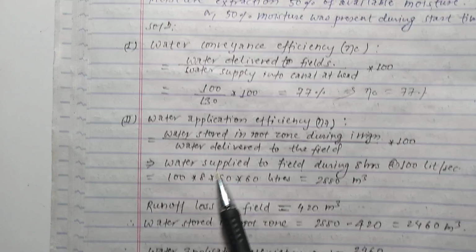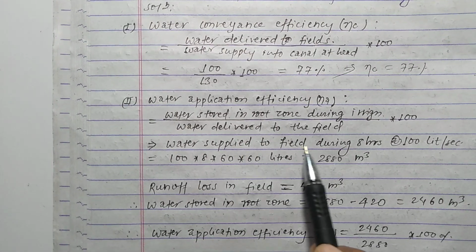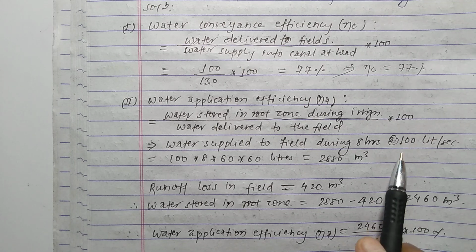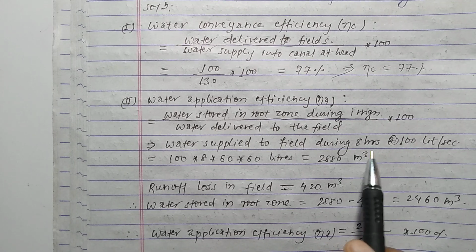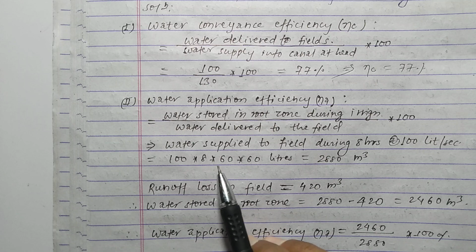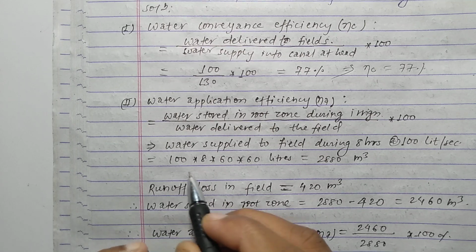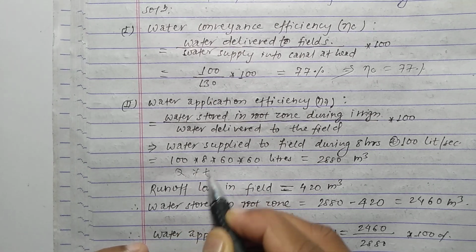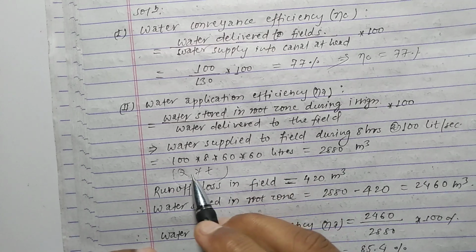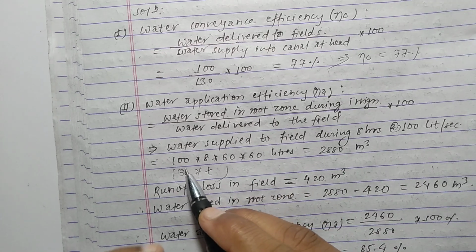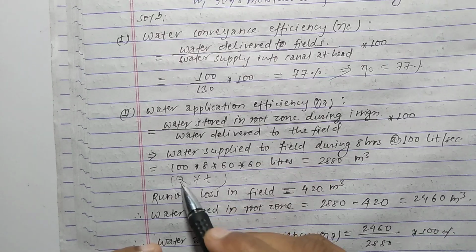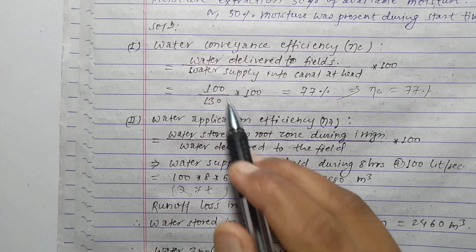So we have to calculate water supply to the field during 8 hours. The discharge given is 100, so we have to multiply Q into T. This value is already used here, you can see.